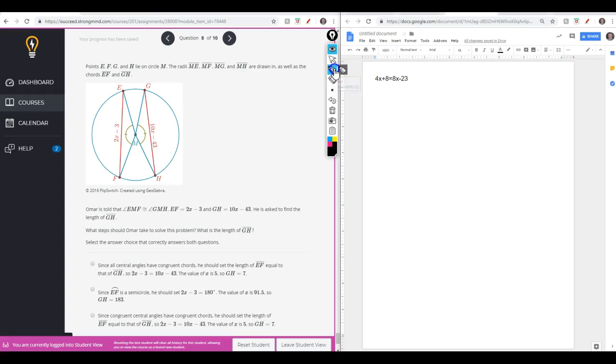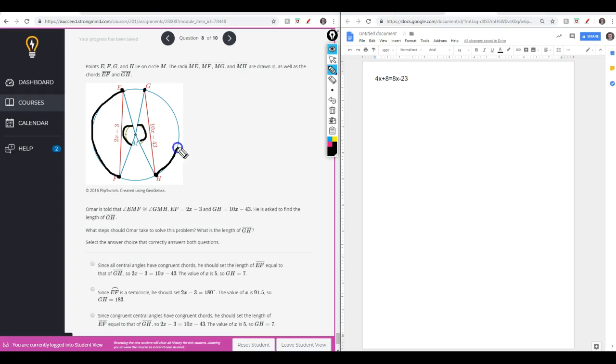Since these central angles are the same, we would go to the endpoints of that central angle right here, and the endpoints of that central angle right here, and that creates this arc. So again, the central angle, endpoint and endpoint.